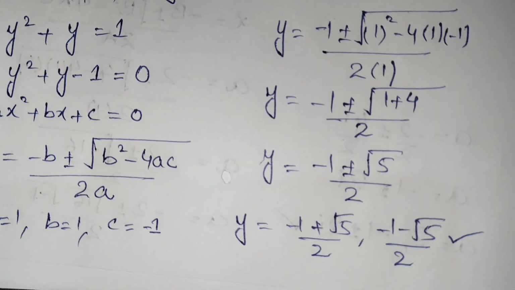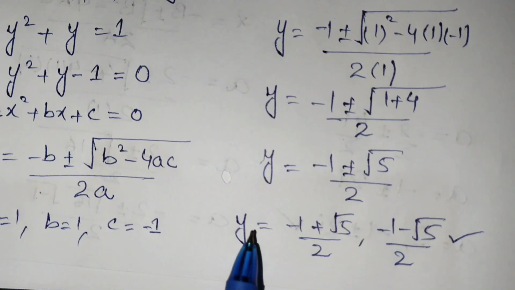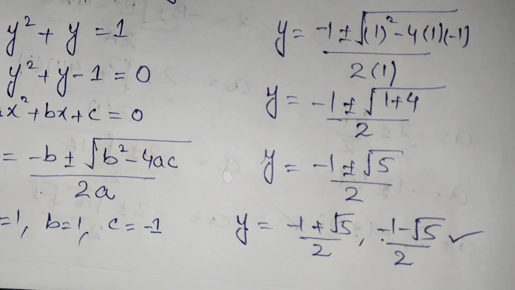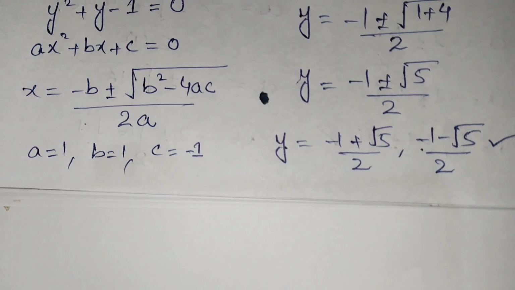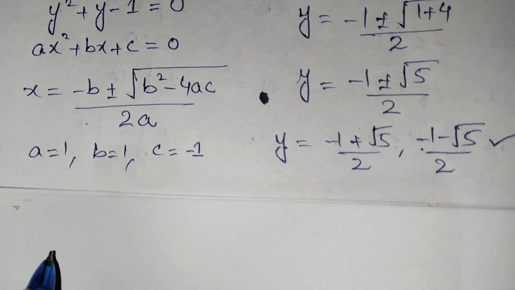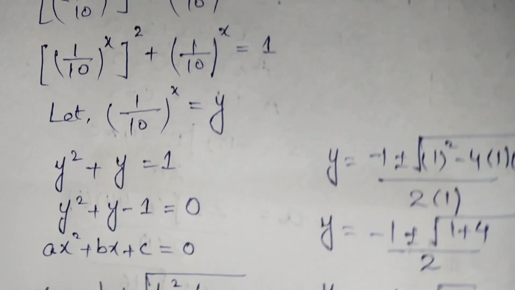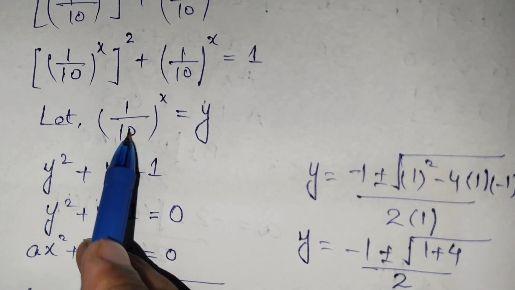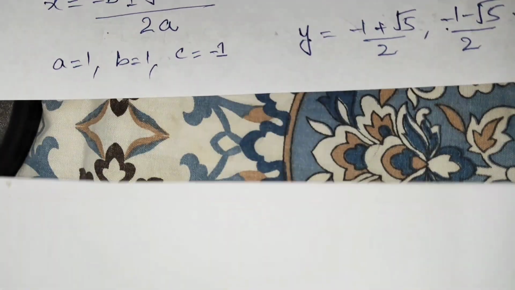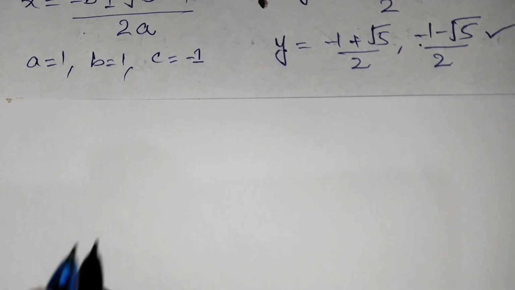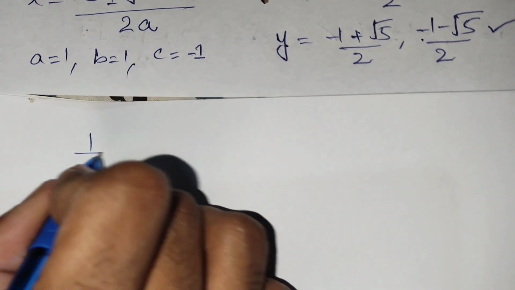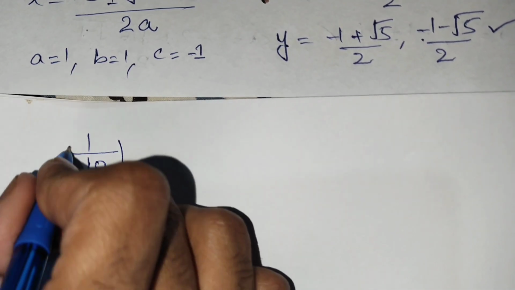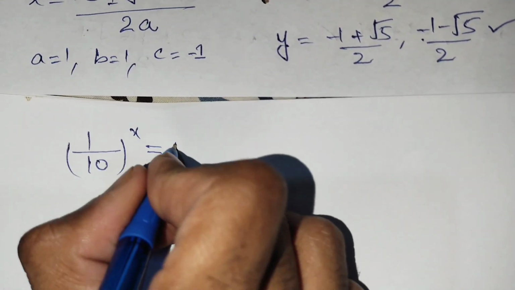We will find the value of x with respect to y1 and y2. Earlier we supposed that 1 divided by 10 power x equals y. So 1 by 10 whole power x equals y.